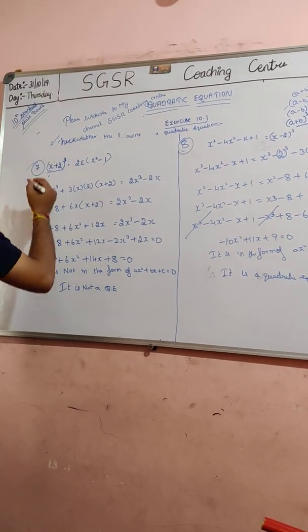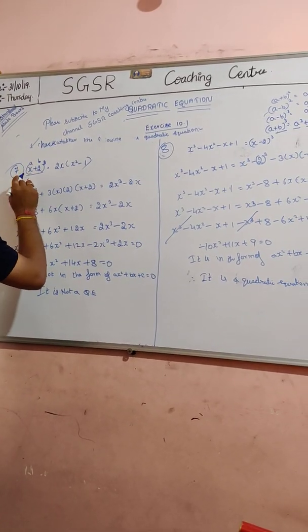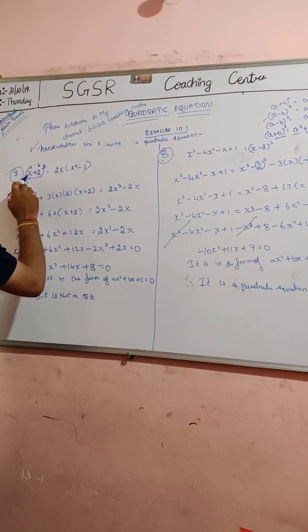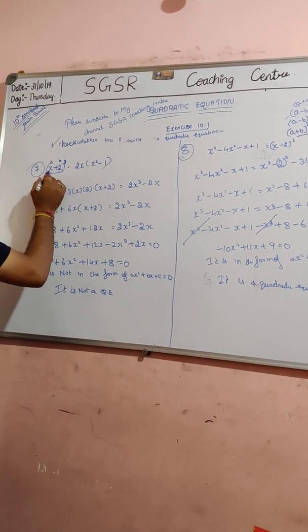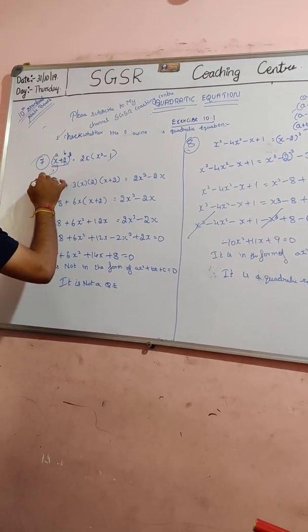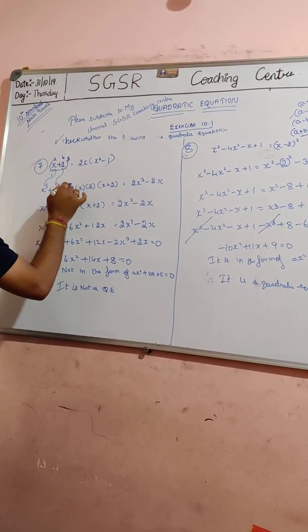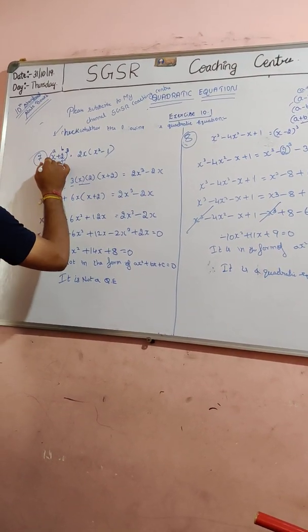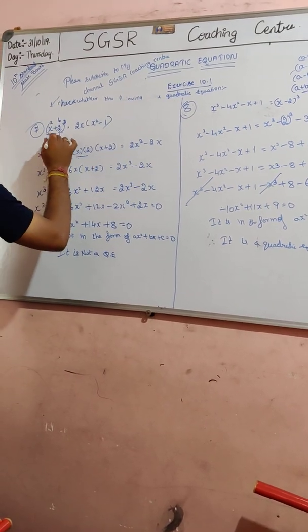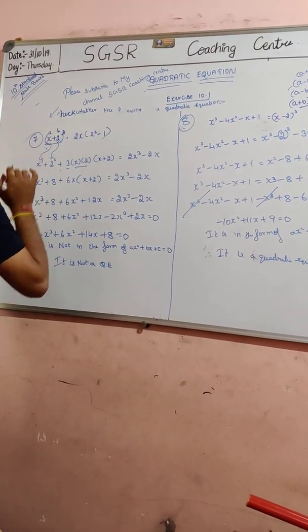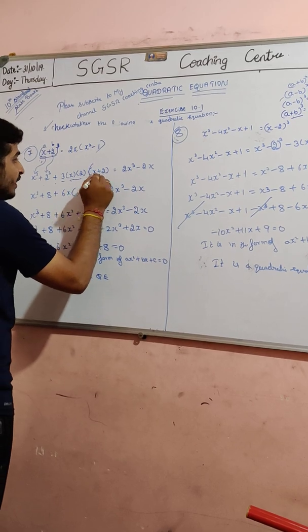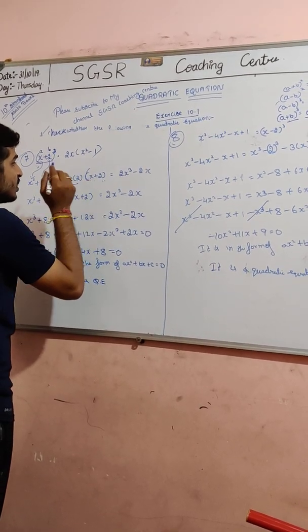Now, in the place of a and b, we have x and 2. So a cube means x cube, 2 cube means 2 cube. So plus 3 into x, a means x and in the same way b means 2, into a plus b, which is x plus 2.